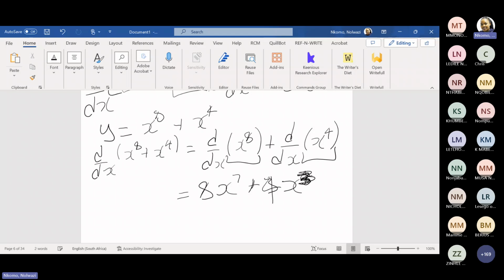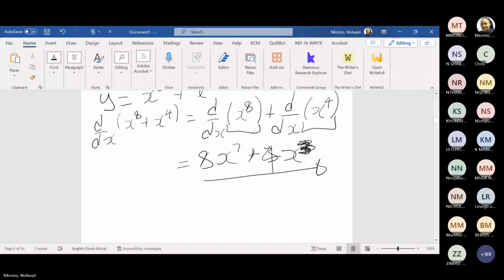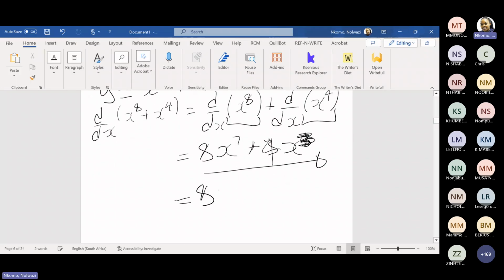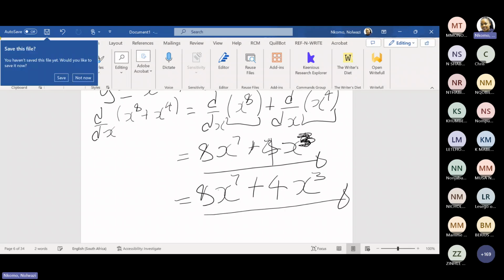Yes, it is 4x to the power 3. Thank you. Sorry, I just wanted to know if you guys are following. I'm glad you guys are still with me. So it is 8x to the power 7 plus 4x to the power 3. Okay.